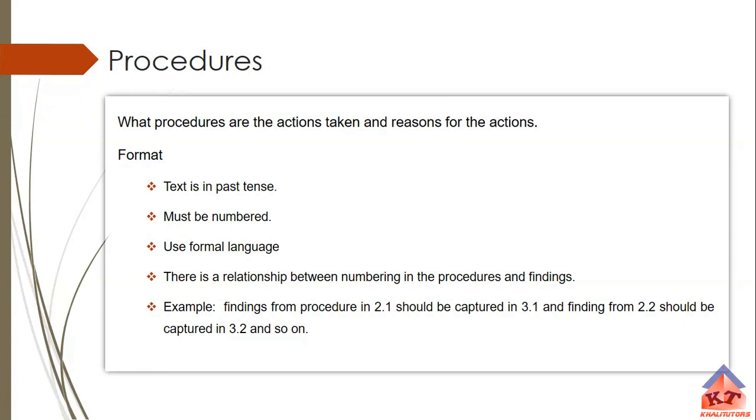Okay, your procedures must be numbered. You need to use formal language, and also you need to take into account that there is a relationship between the numbering in the procedures and the findings. For example, findings from procedure 2.1 should be captured in 3.1, and findings from 2.2 should be captured in 3.3, and so on.